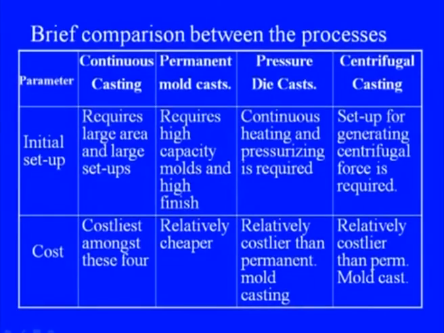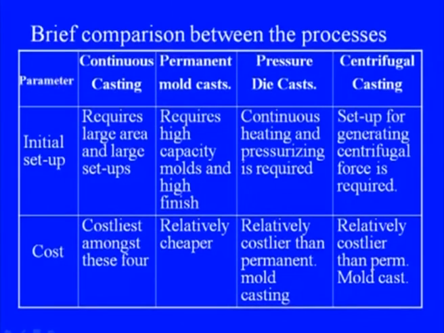Now, let us have some comparisons between the different casting processes, namely continuous casting process, permanent mold casting process, pressure die casting process and centrifugal casting systems. This is represented in the table as can be seen on the screen.